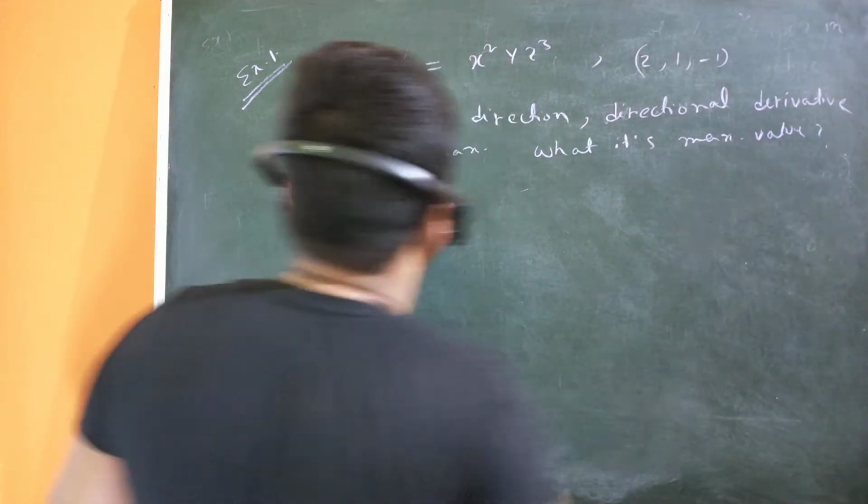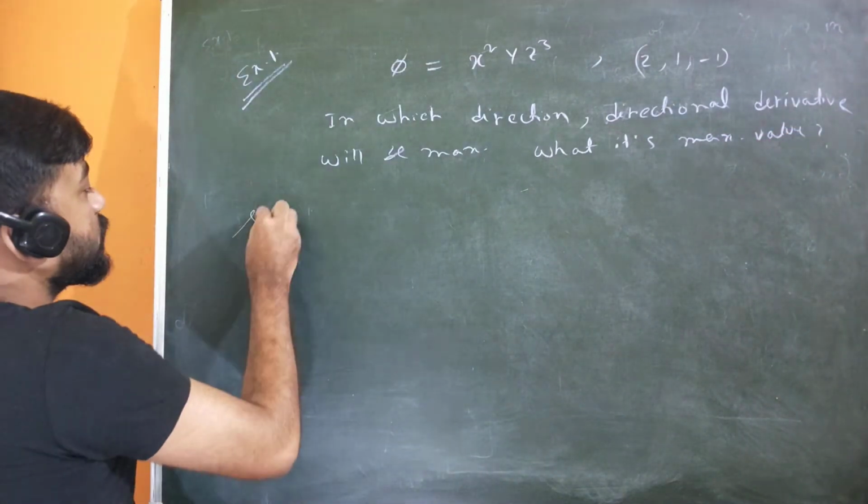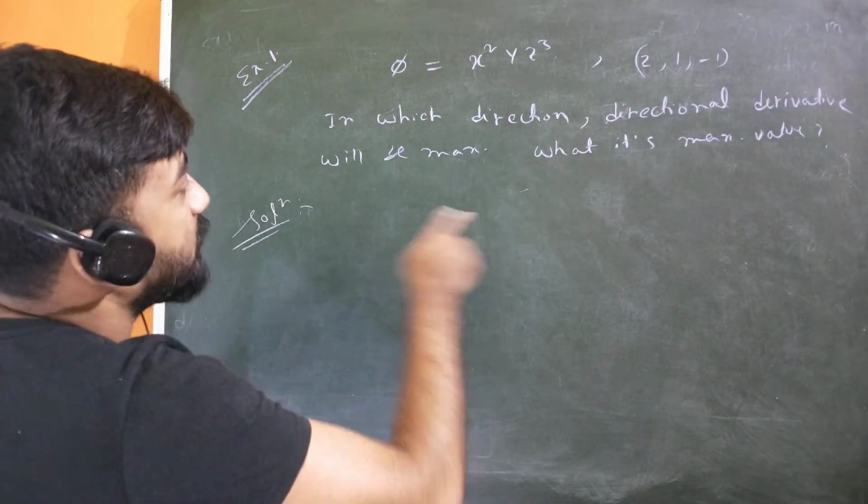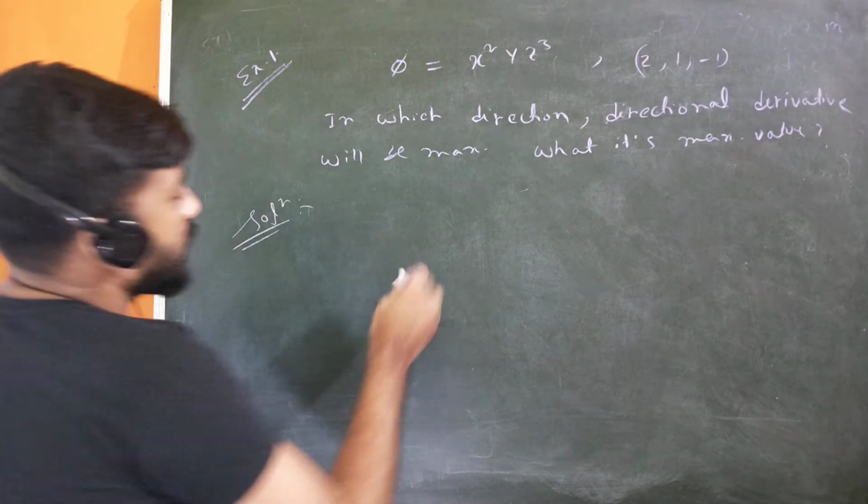What we have to find out is just grad φ, because you know the directional derivative will be maximum along the direction of grad φ. So let me find out grad φ first.